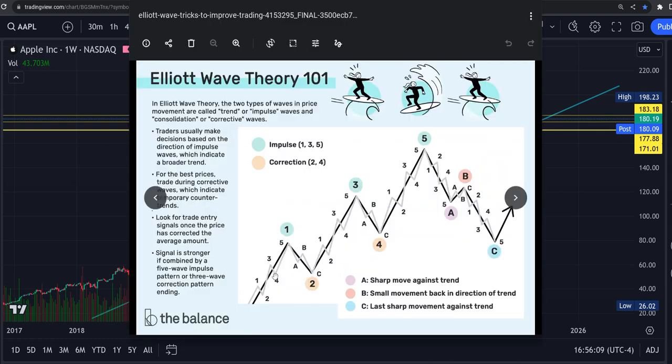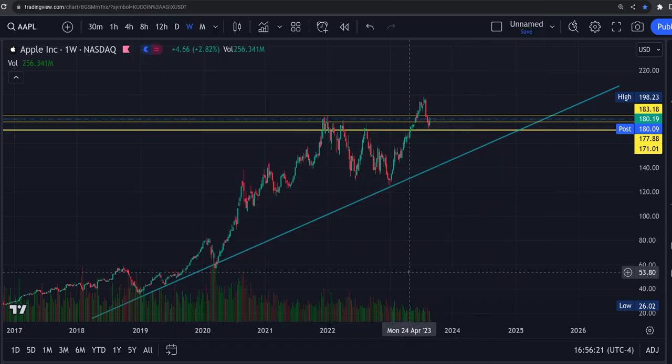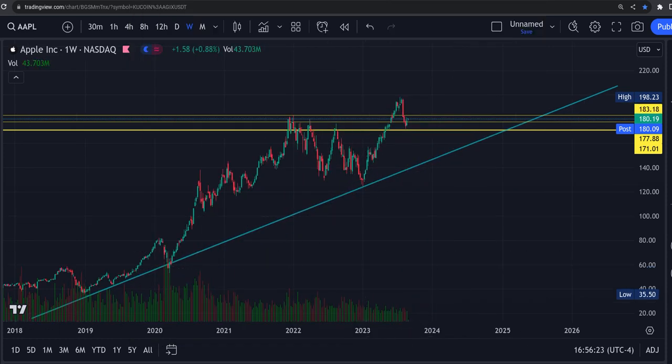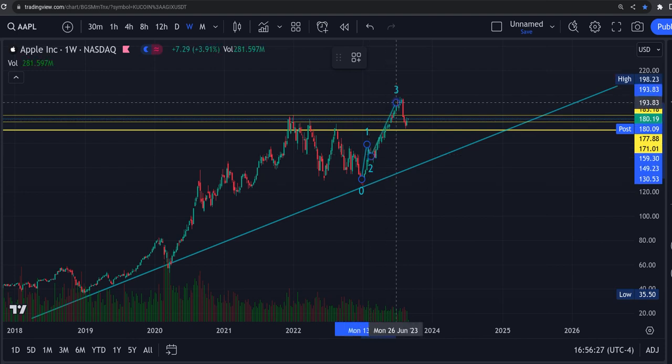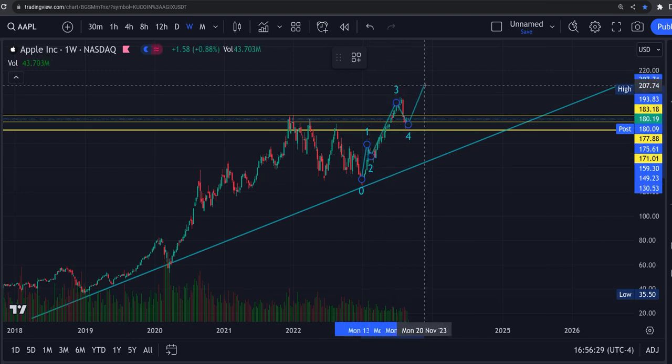In a 1 wave, you have 5 waves in it. The 2 wave, you have an ABC correction. 3rd wave, you have 5 waves in a 3rd wave. 4th wave, 5th wave. Well, we're looking at the 5th wave, and there should be 5 waves in that 5th wave. Okay, and we have 1, 2, 3, 4. We should have a 5th wave coming in here.